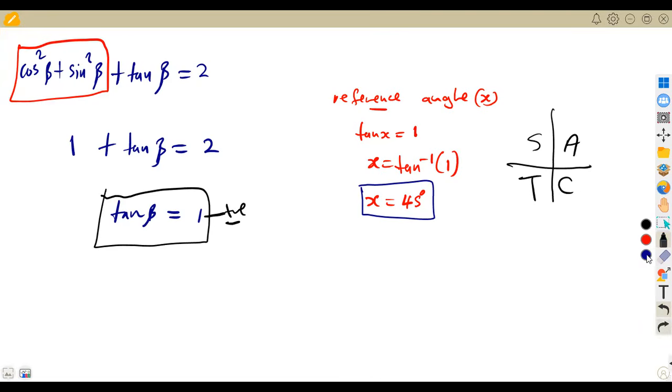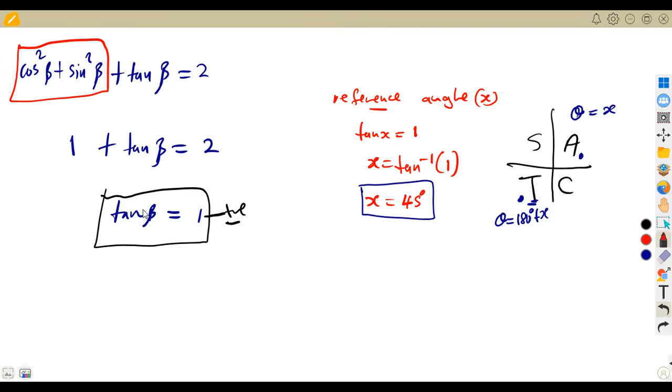All right, so tan is positive in the third quadrant, tan is positive and in the all. And remember, I said in the first quadrant, theta is equal to x, and in the third quadrant, theta is equal to 180 degrees plus x.